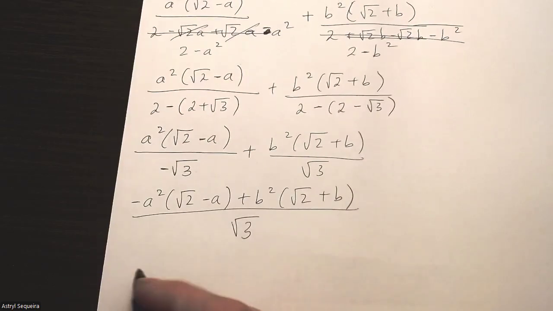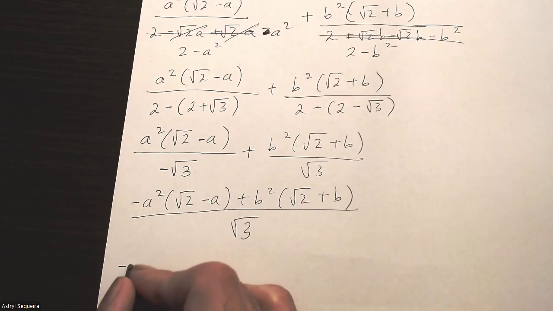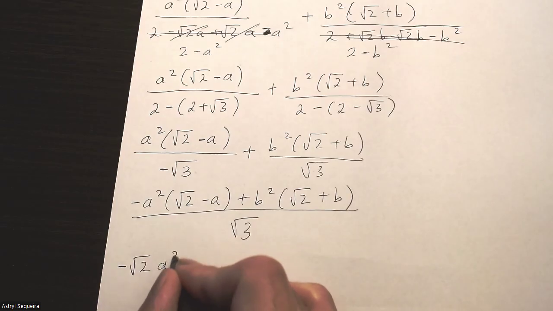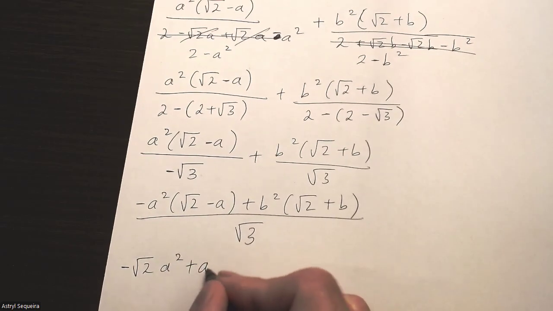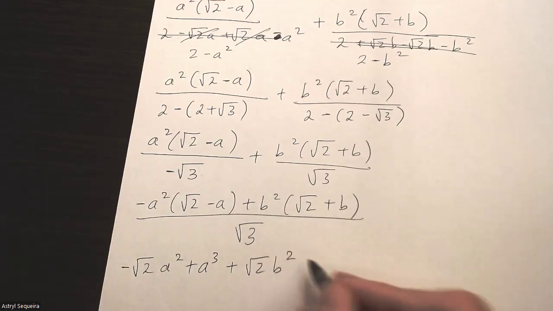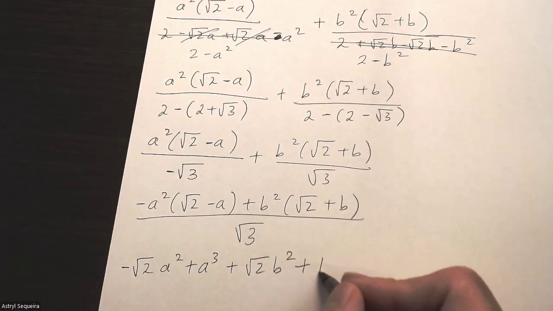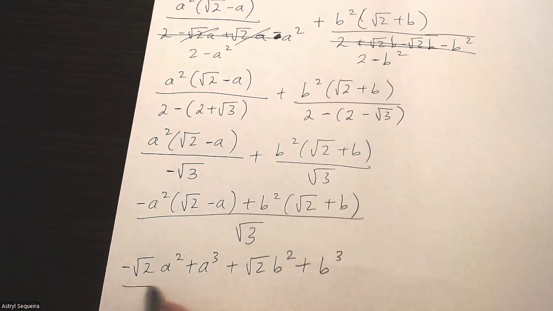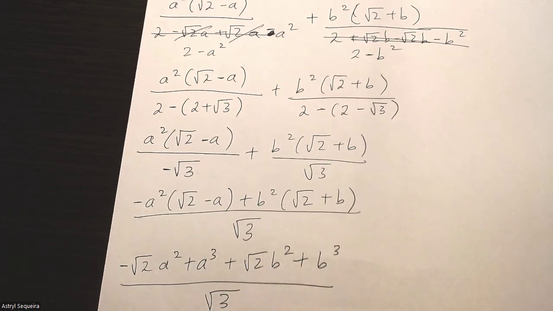So if I expand out the top, I'll get negative root 2 a square plus a cube plus root 2b square plus b cube over root 3.